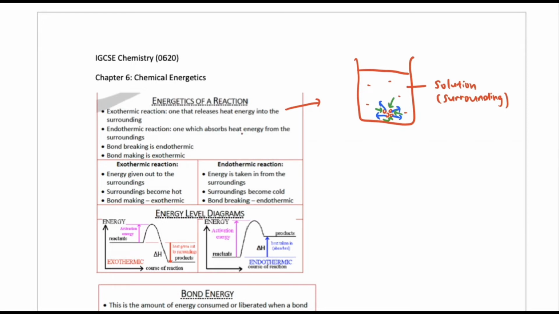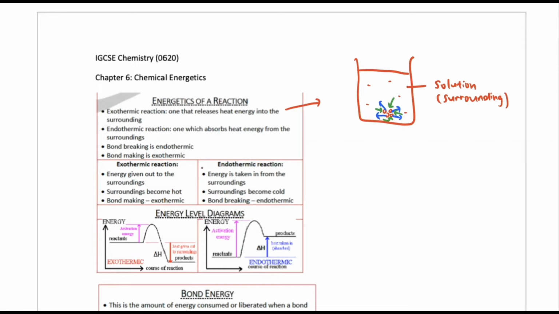They need to absorb heat energy from the solution to break the bonds. Okay, so bond making is exothermic. This is just the other way around. When chemical bonds are formed, heat energy is released to the surroundings, and that is exothermic.